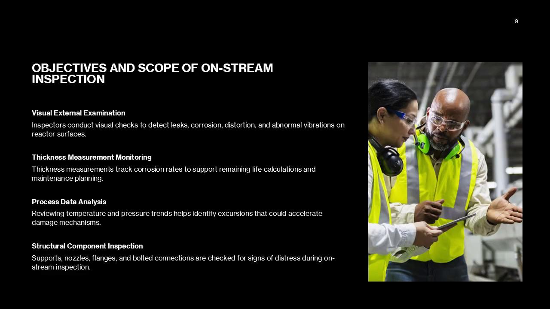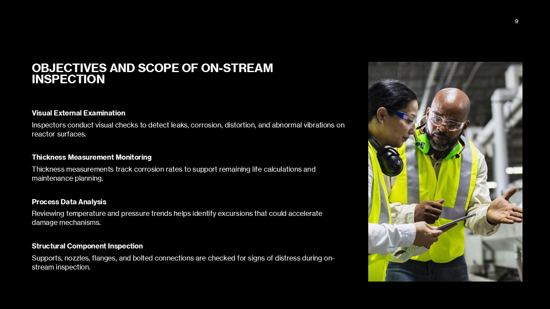The primary objective of on-stream inspection is to monitor the condition of the reactor while it remains in service and to identify signs of deterioration that could compromise safety or reliability before the next shutdown. Inspectors focus on external visual examination to detect leaks, corrosion, distortion, or abnormal vibration.